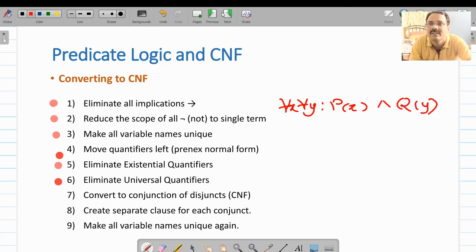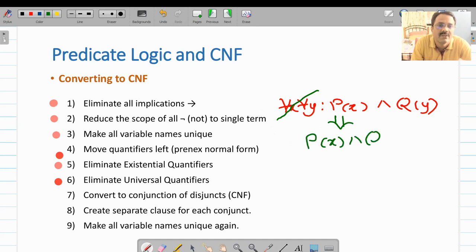Now our job is to eliminate this universal quantifier. So simply you can remove them because variables are already standardized, and I can write the same thing this way. This is equivalent to p of x and q of y. No problem, because all variables are standardized. So that's how, if required, you apply step number 6.